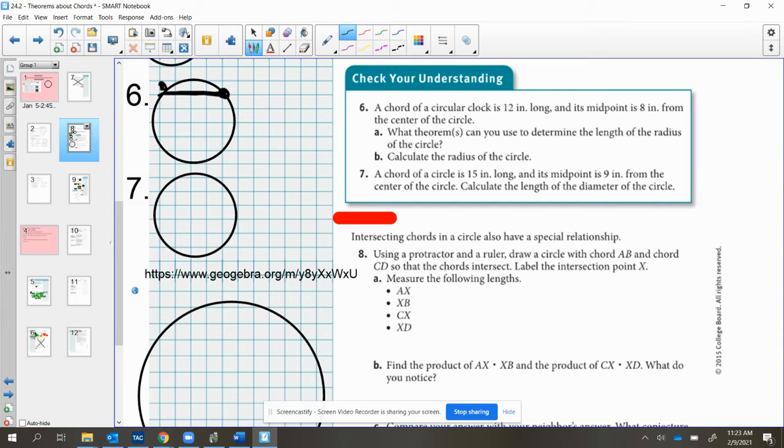And it says that the midpoint on this chord is 8 inches from the center of our circle. So a lot of information happening here. So again, we are 8 inches from the chord's midpoint to the center of the circle, and the whole chord is 12 inches. So if we are cutting this in half with that midpoint, each piece is 6 and 6.